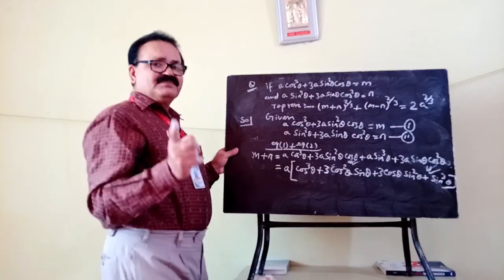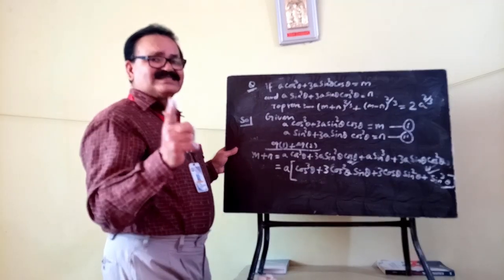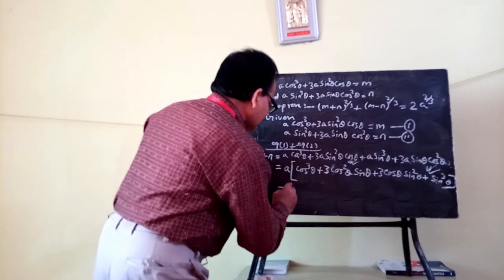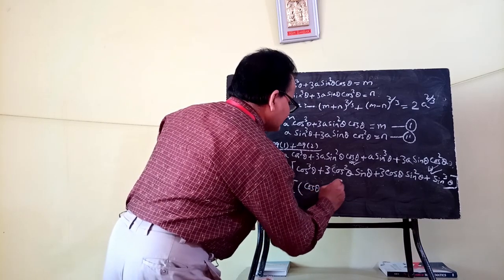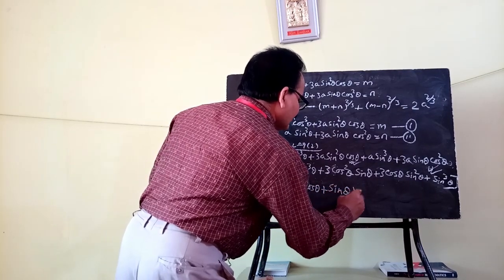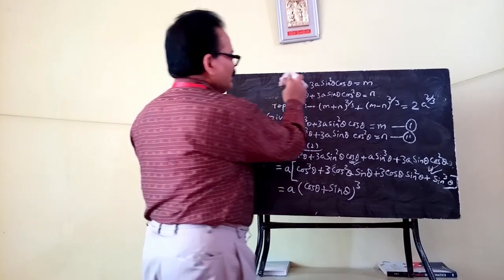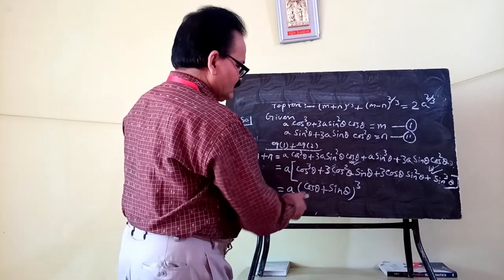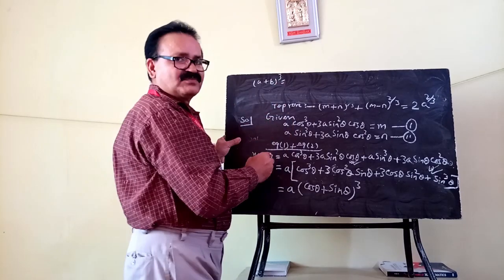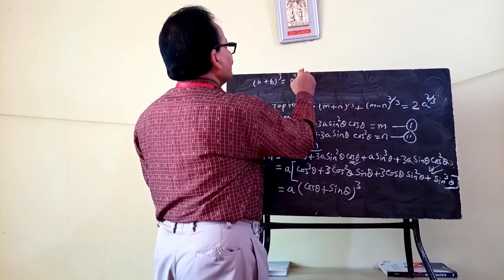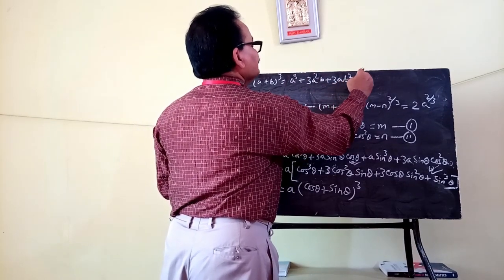If you remember your algebra, this is the formula of (a plus b) whole cube. That means this is (cos theta plus sin theta) whole cube. You know the expanded formula of (a plus b) whole cube is a cube plus 3a square b plus 3ab square plus b cube.